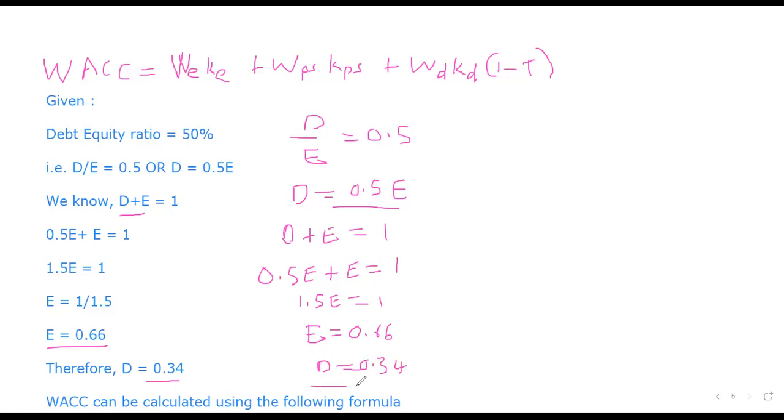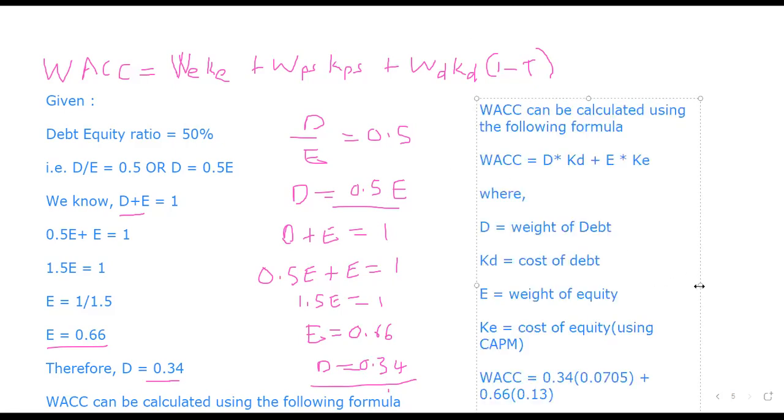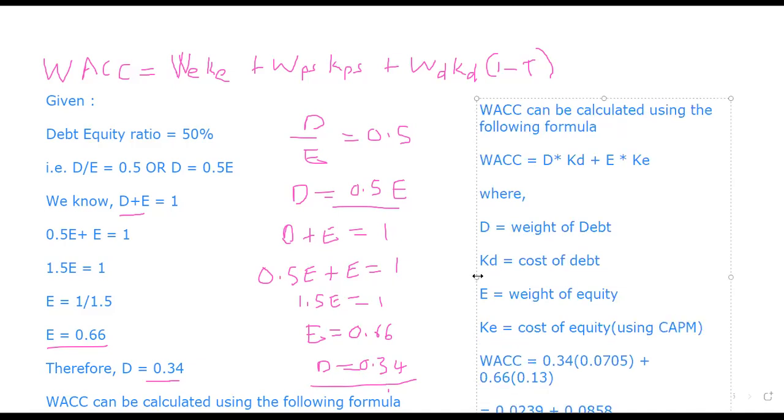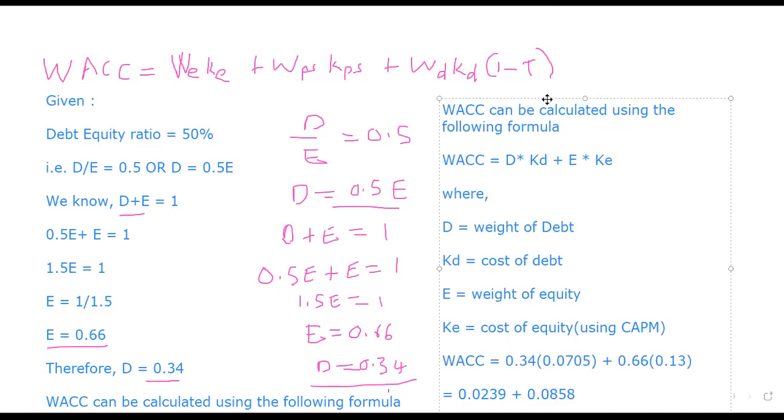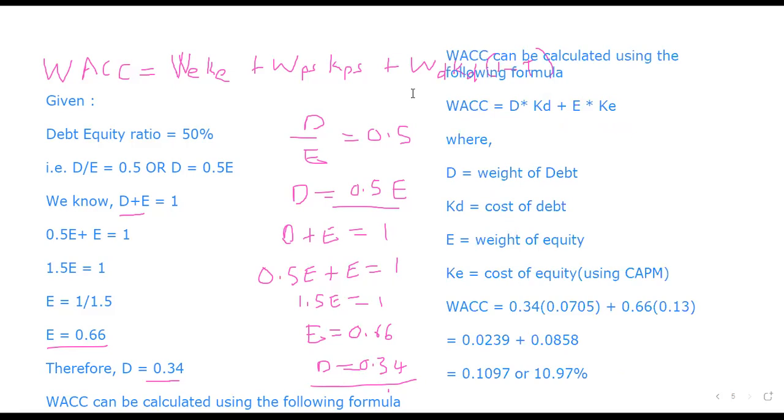That is adding up to 1. So how do we then calculate our WACC? WACC has the following formula: debt times the cost of debt plus equity times the cost of equity.